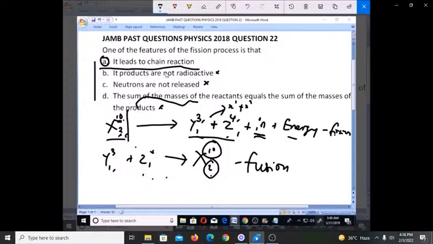And that is the answer for that. And the two types of radioactivity are fission and fusion. And I say that fission process is when there is splitting up to produce smaller ones, whereas fusion is when there is coming together of smaller ones to form bigger ones. Thank you.